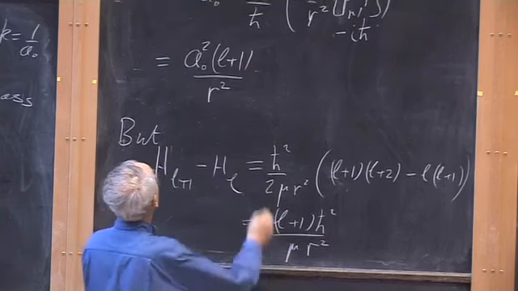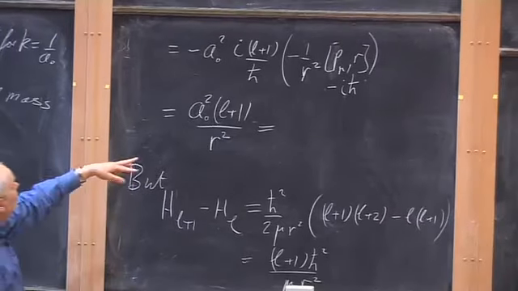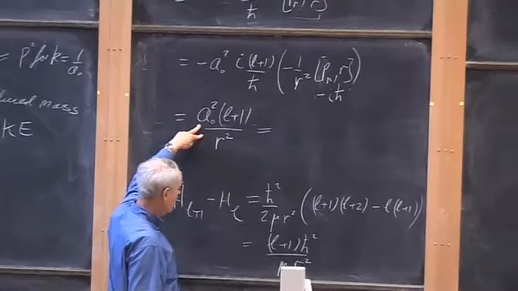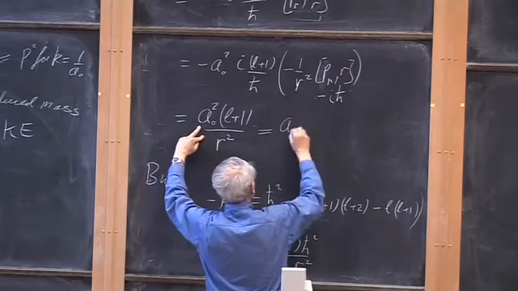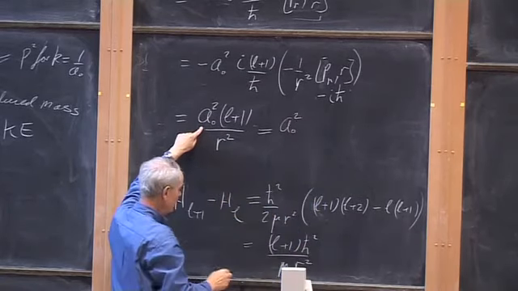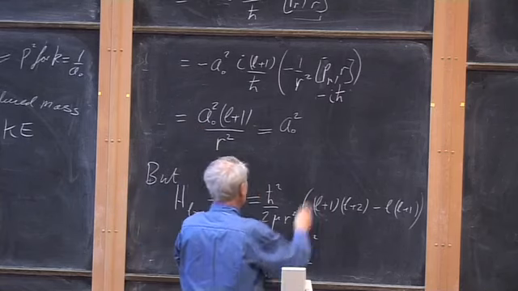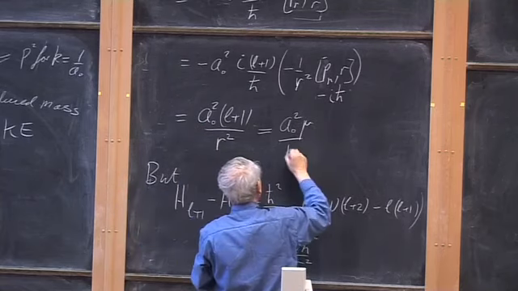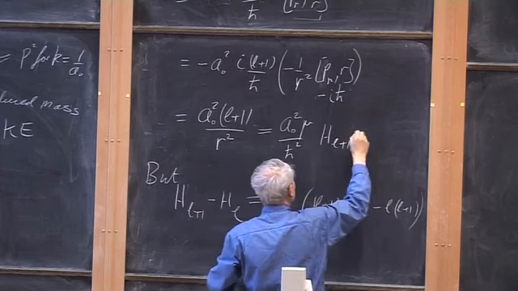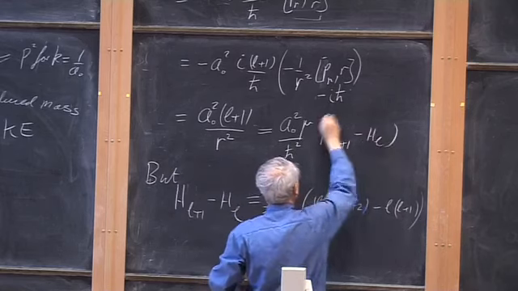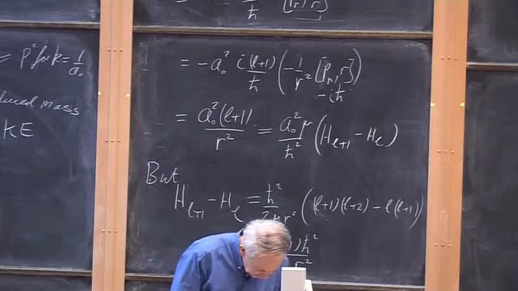So with this little side calculation, we can go back up the board and express this as an appropriate multiple of the differences in the Hamiltonians. There's going to be a0 squared, that's this a0 squared. Then we will want to multiply by mu, divide by h bar squared, and then we'll be able to say this is h L plus 1 minus h L. Check that we haven't got any horrible factors amiss.